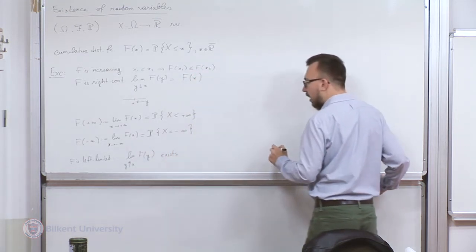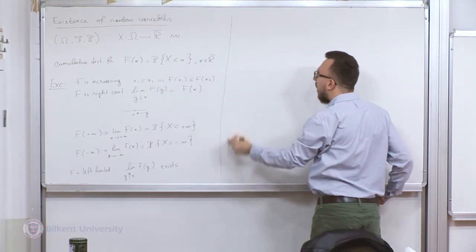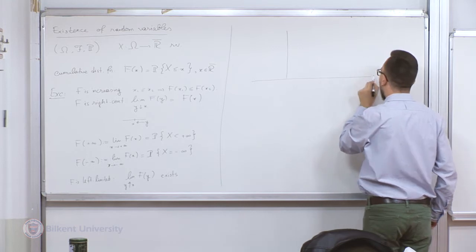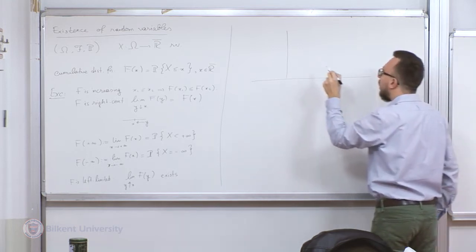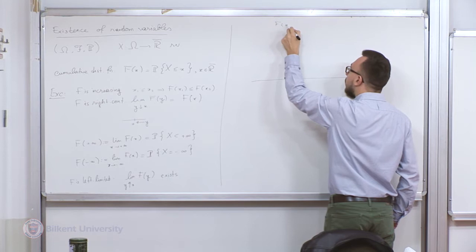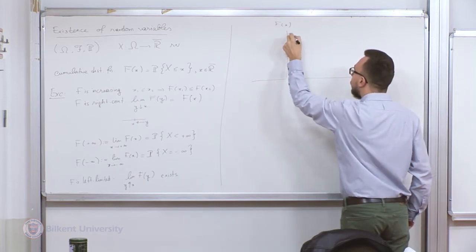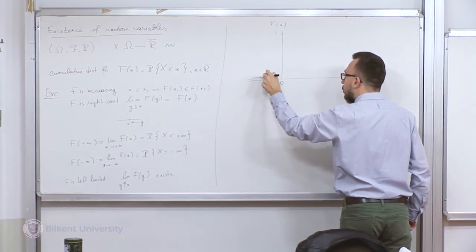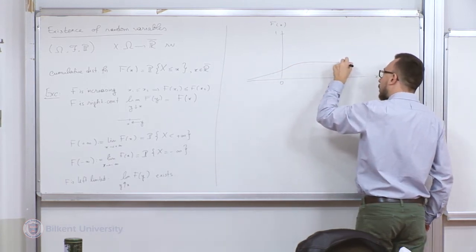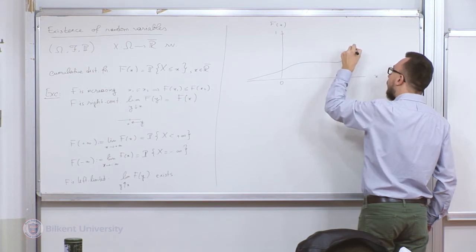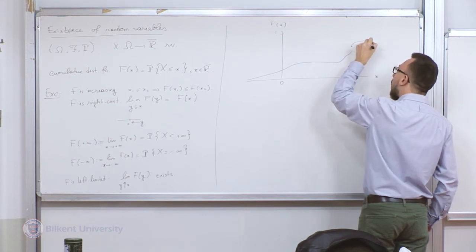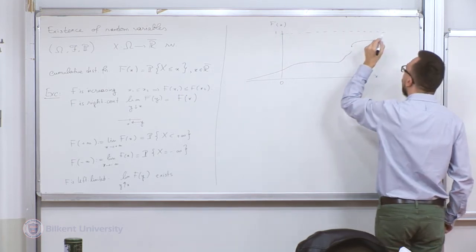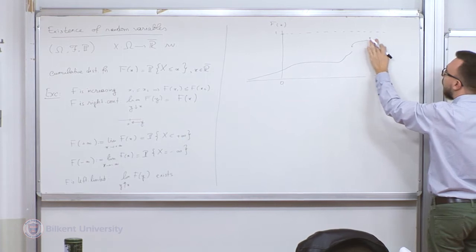A picture like this we observe. Let's say we have x here and F(x) here. These are values between 0 and 1. It may stay constant for a while. It may have a jump. And it may touch 1, or it may stay below 1 forever.